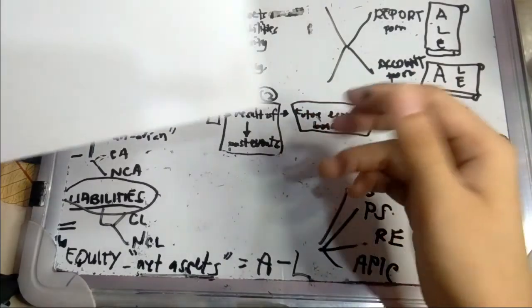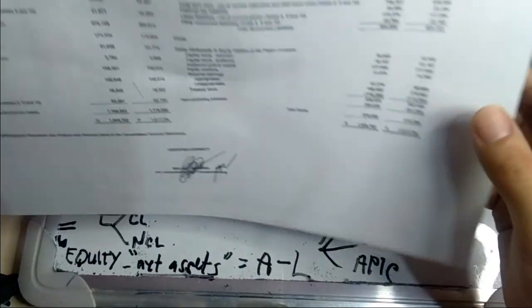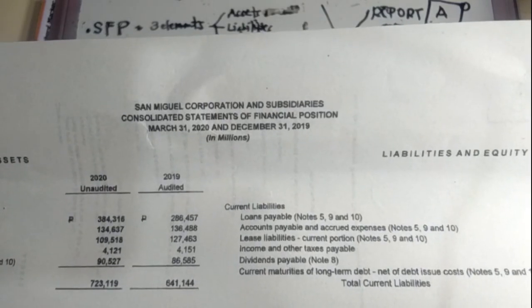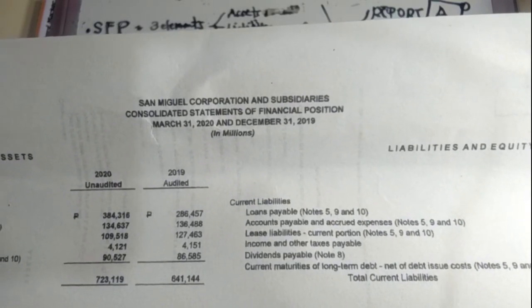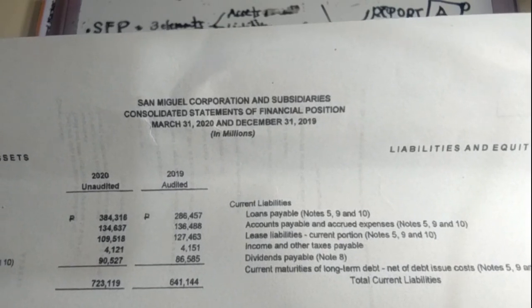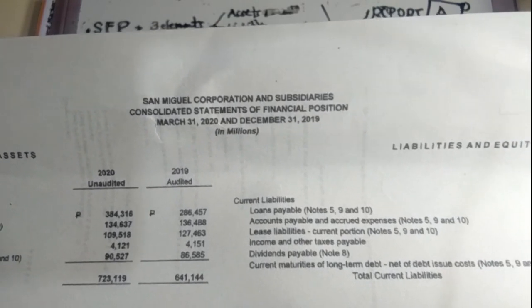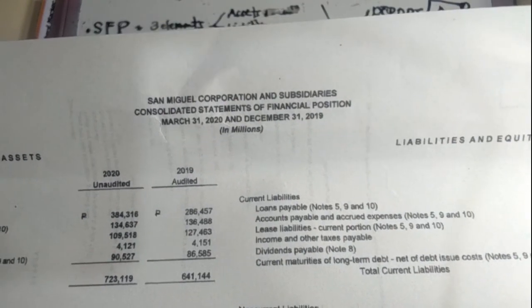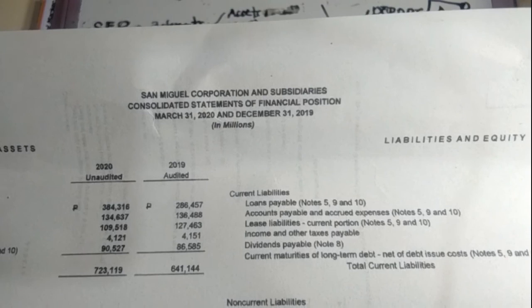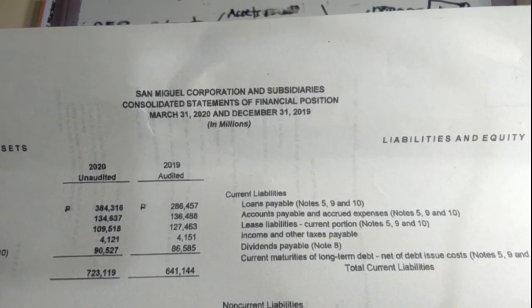So, ito yung example ng isang financial position. San Miguel Corporation and Subsidiaries, Consolidated Statement of Financial Position, March 31, 2020 and December 31, 2019. So, ito makikita nyo, yung Statement of Financial Position na example na to ay isang quarterly financial position.